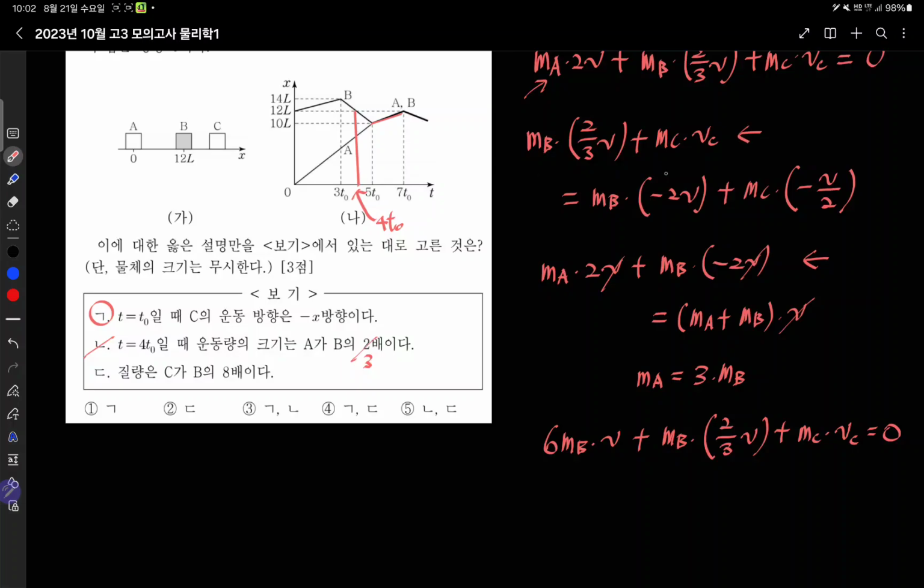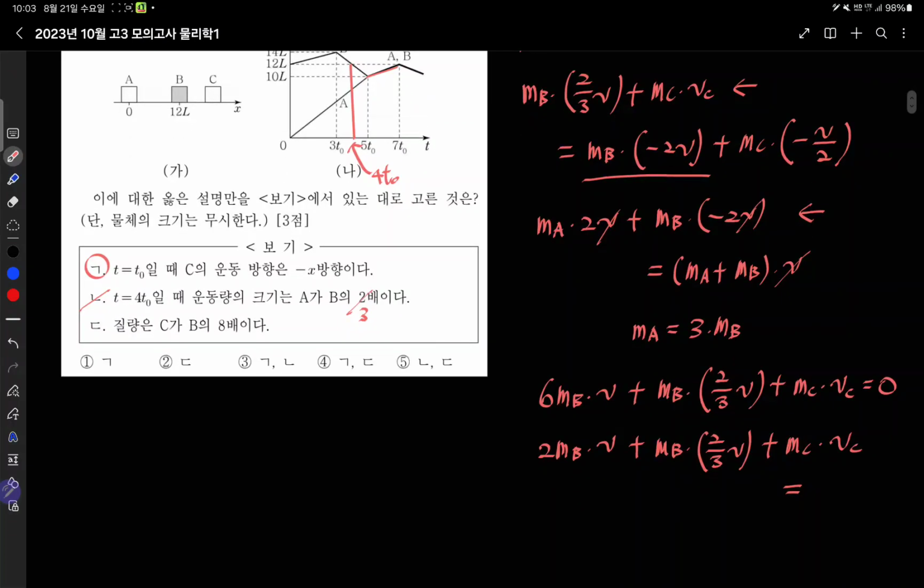And from the second equation, we can move this to the left side. That makes 2 times mB times V plus mB times 2/3 of V plus mC times Vc. That's equal to mC times minus V over 2.